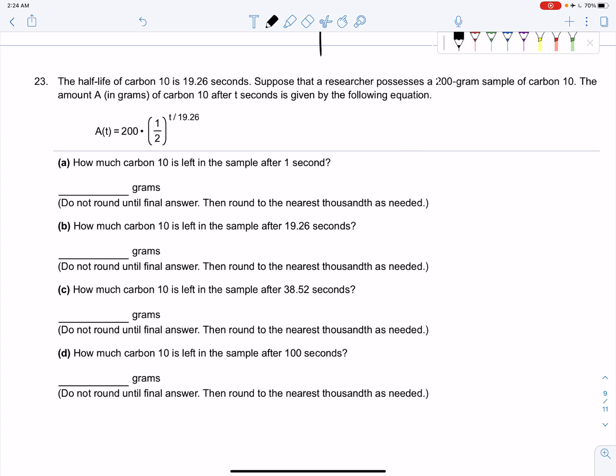If I started with 100 grams, then after 19.26 seconds I'd have half of it, 50 grams. And after another 19.26 seconds, I'd have 25 grams. So that's how a half-life works.